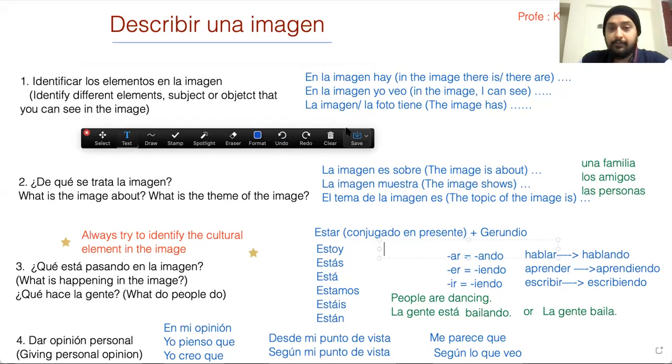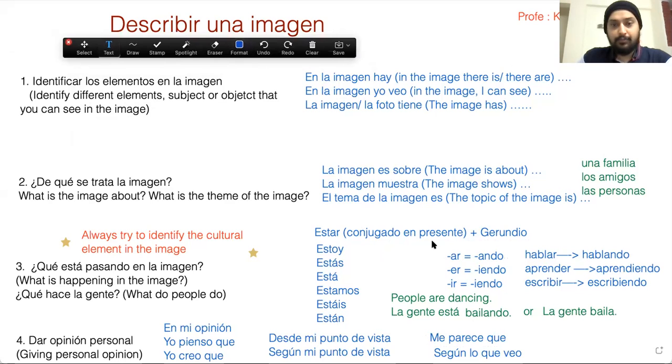Okay, so we will take a few examples of images and let's see how we can involve these things. If you want, you can take a screenshot of this part. In the YouTube video description, you can check the link of all the resources. You need not write, just focus on the class.